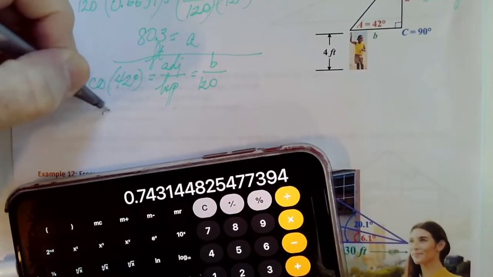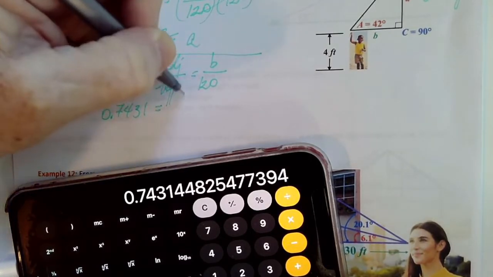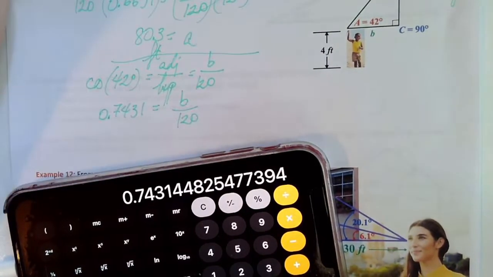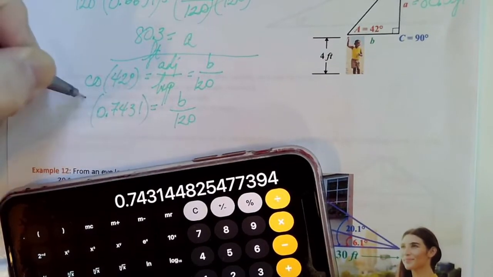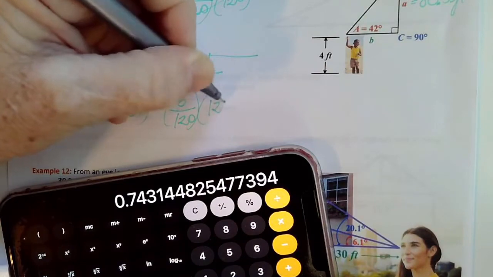So I get 0.7431 is equal to B over 120. And I want to multiply both sides by 120 to get B alone on the right.